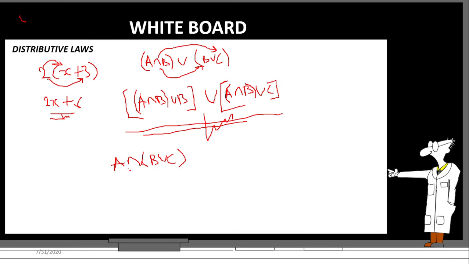This would deal with this, then A would deal with this. It's the same thing we are doing, A intersection B. So the answer will be the multiplication, A intersection B.